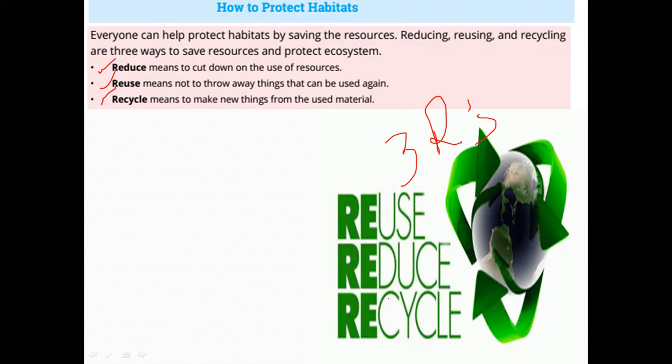Reuse means reuse the old things, reduce means use fewer resources, for example water, according to need, and recycle in the industries the old plastic, glass, and papers, etc., so we can save the habitats.